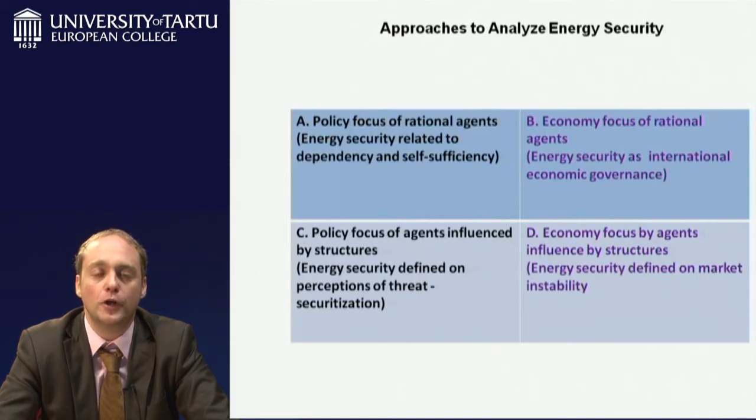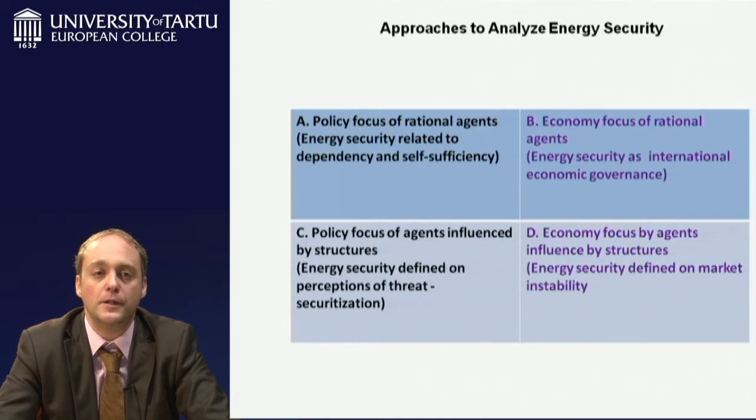Both approaches would be somehow criticized by the C and D, who consider that actors are not always rational. In the case of the quadrant C, we see that energy security is a policy issue, but is based on a number of perceptions of a threat, which can be either misperceived or, on the contrary, real.